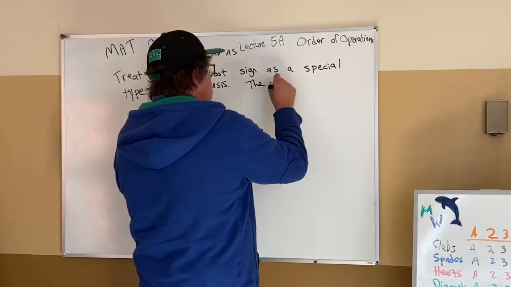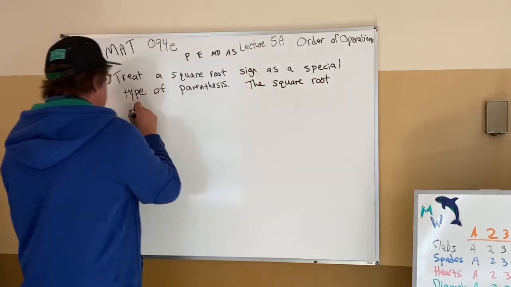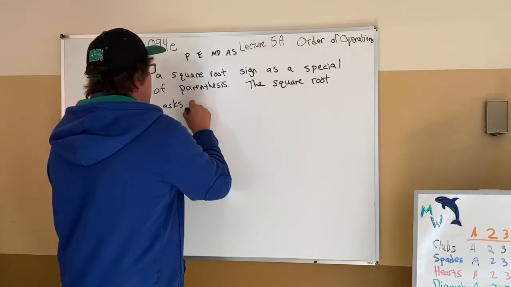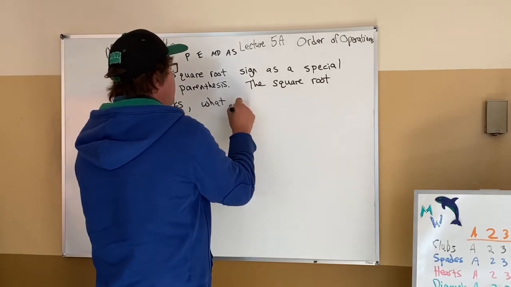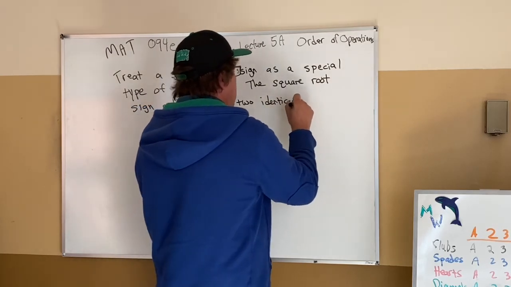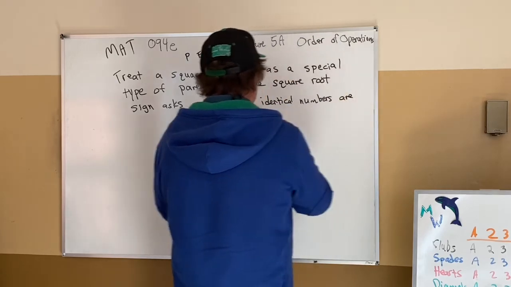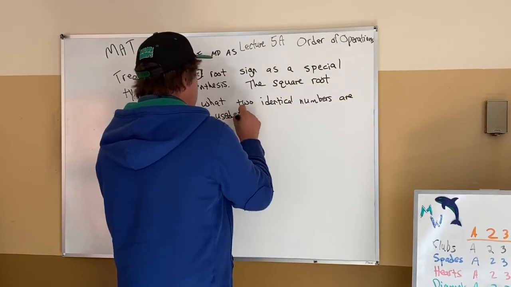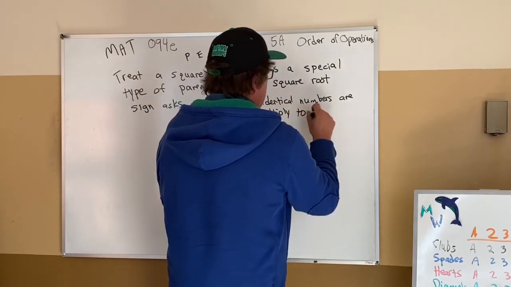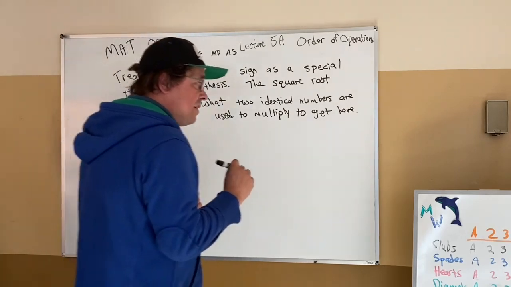The square root sign asks, what two identical numbers are used to multiply to get here? That's what it's asking, which is weird.